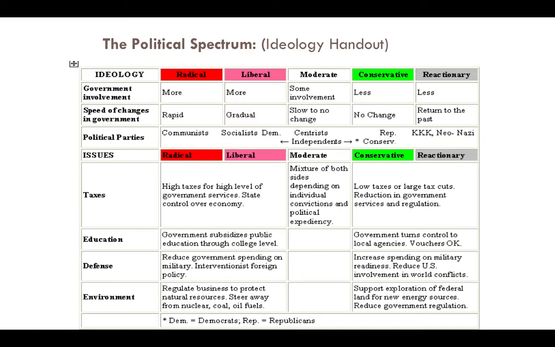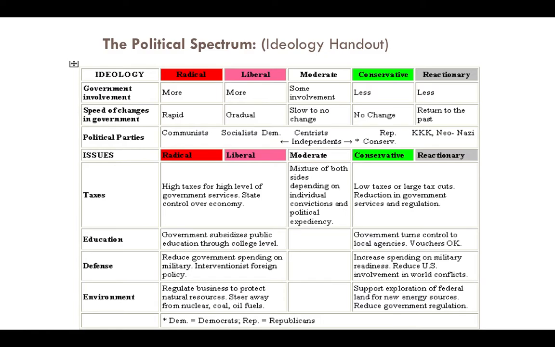Looking at actual issues, liberals typically desire higher taxes and state control over the economy, whereas conservatives usually want lower taxes and reduced government services and regulations on the economy. Liberals want higher taxes so that they can have more government services, because the government is creating change, versus conservatives, who don't want the change, and therefore want lower taxes.